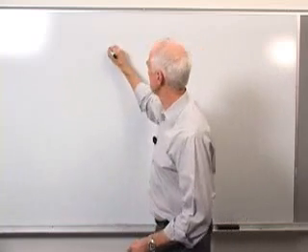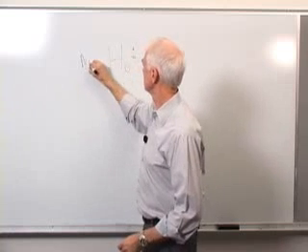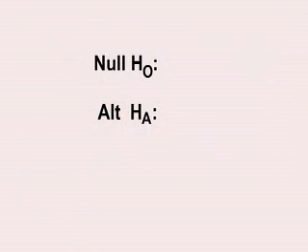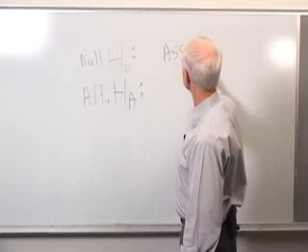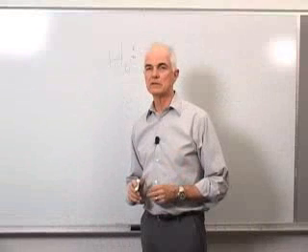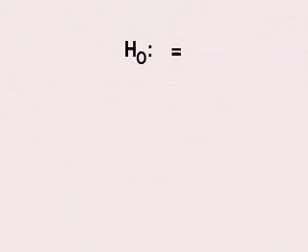And statistical hypotheses have a null hypothesis and an alternative hypothesis. In testing statistical hypotheses, we always assume that the null is true at the beginning of the test. As common convention, we always write the null hypothesis with an equal sign in it.